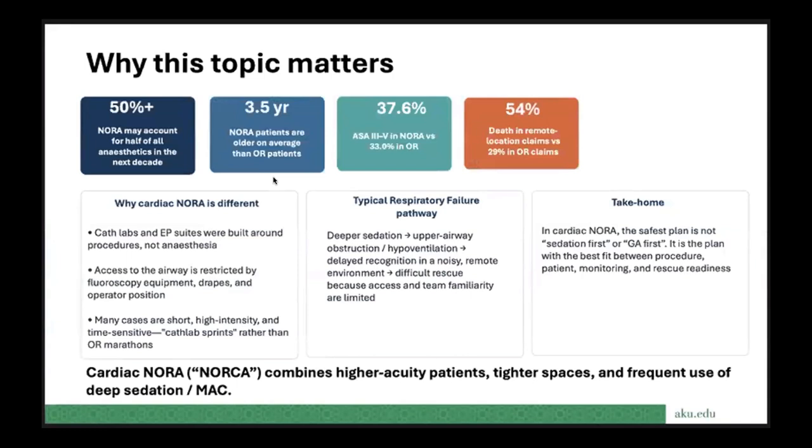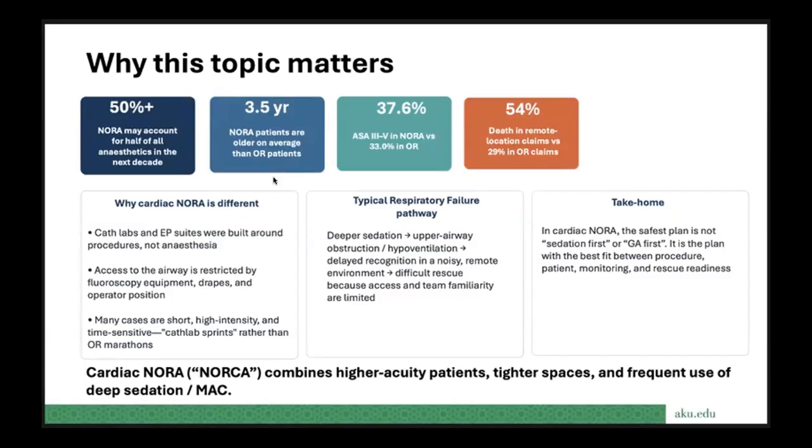Why does this topic matter? Because more complex cardiac procedures are moving outside the traditional OR into the cath labs, EP suites and hybrid spaces. These patients are often older, by about 3.5 years as compared to the OR patients.